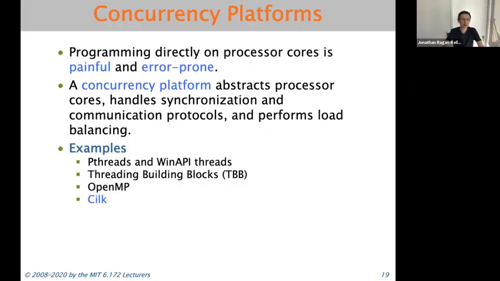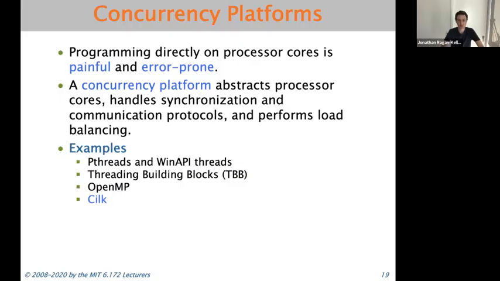The four key examples that we're going to talk about here are, first, the basic standard low-level threading APIs. This includes things like pthreads, as well as platform-specific variants of this that you'd see on Windows or other things, and also persistent thread abstractions that you might have on the Java virtual machine.